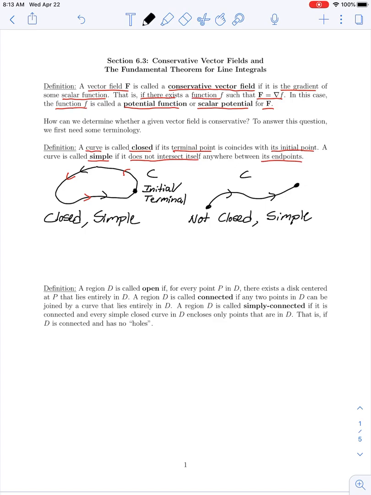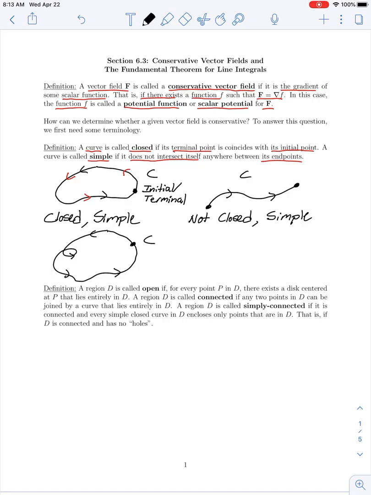Some other examples, let's say that we had a curve that was something like this, say C, which is traversed in this direction.